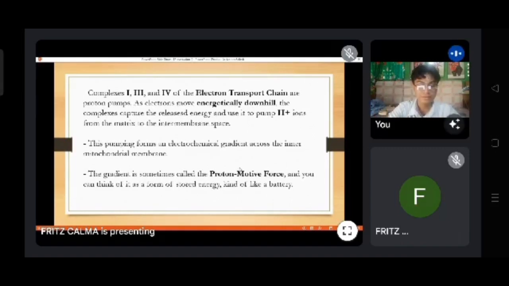As electrons move energetically downhill, the complexes capture the released energy and use it to pump hydrogen ions from the matrix to the intermembrane space. This pumping forms an electrochemical gradient across the inner mitochondrial membrane space, wherein yung tawag natin sa gradient nito is a proton motive force.